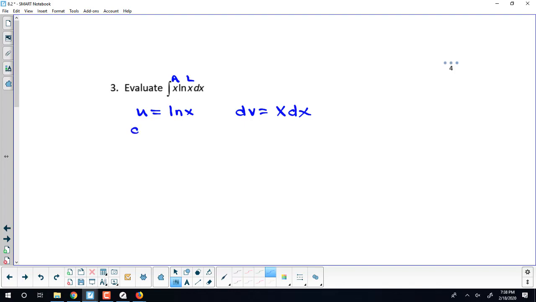So our derivative for u, du, is 1 over x dx. And then v is the antiderivative of x, which is x squared over 2.